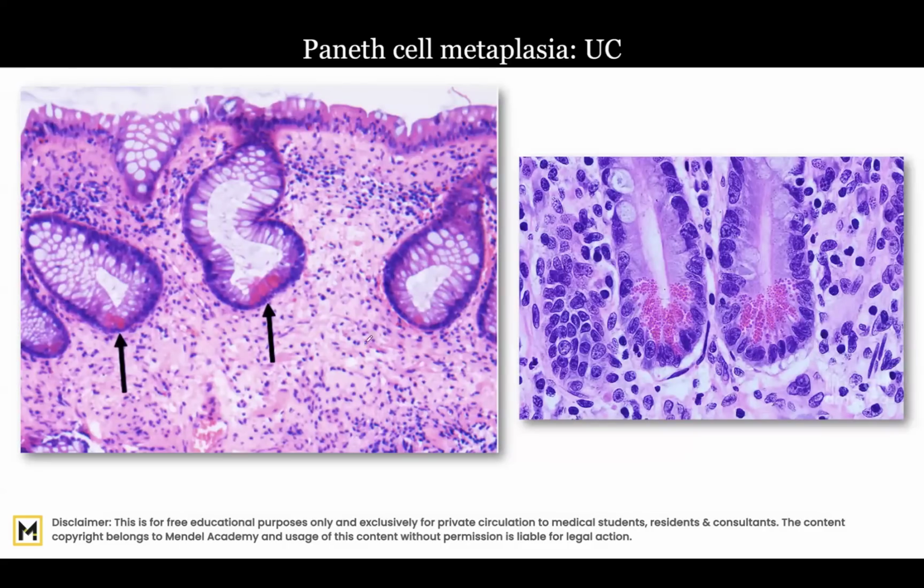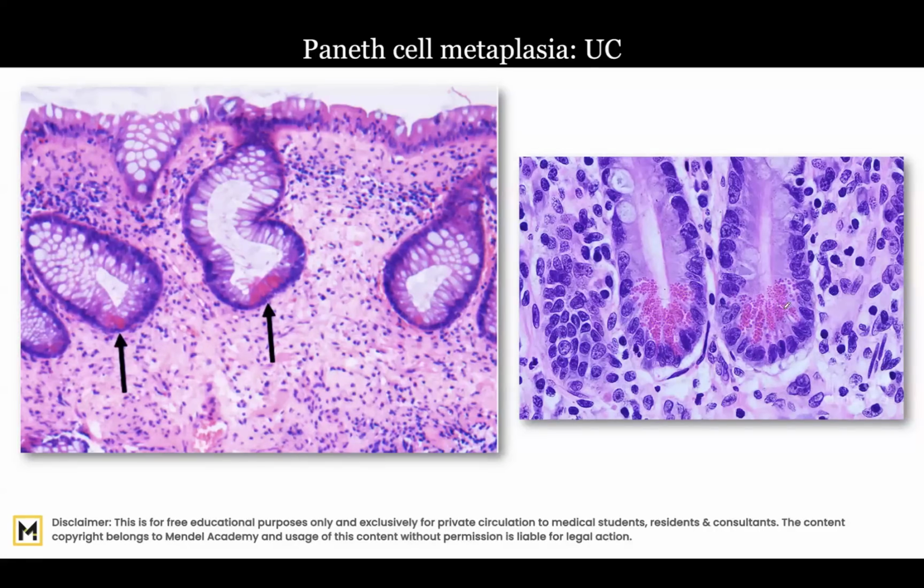So what is the function of these Paneth cells? Normally, it has two functions. One is that they contain, you can see these granules, they contain certain chemicals that can destroy harmful bacteria. So they are like the antibiotics of the gut beyond the stomach. So that is role number one.